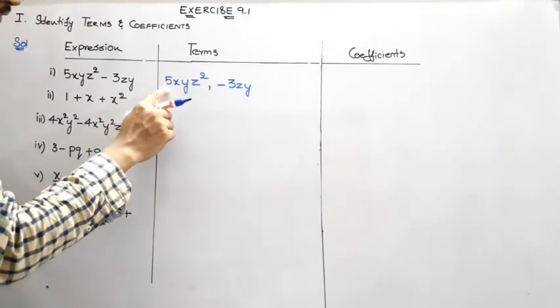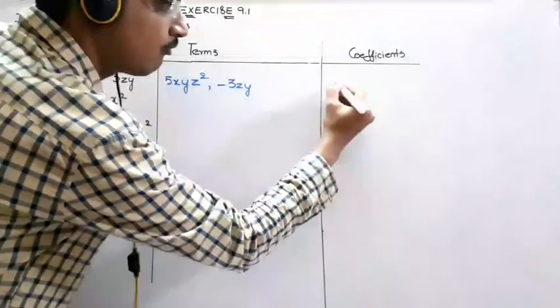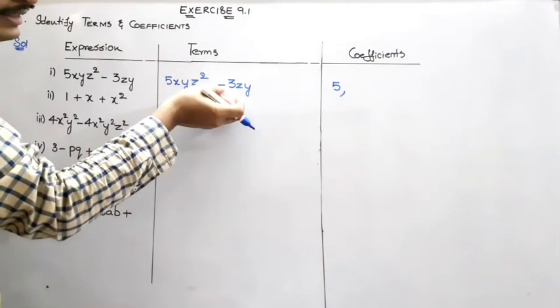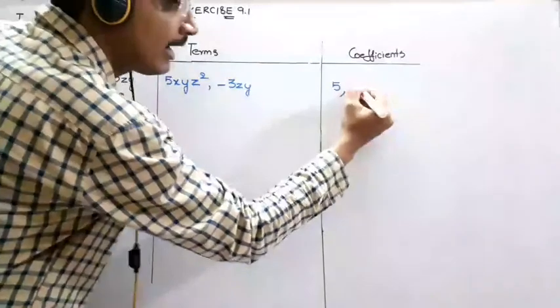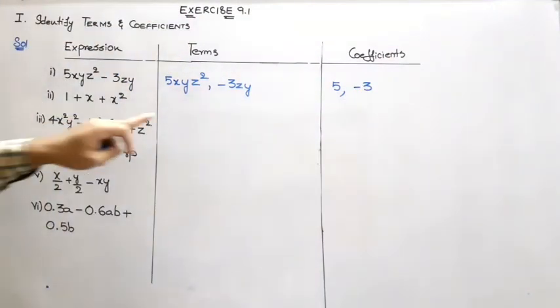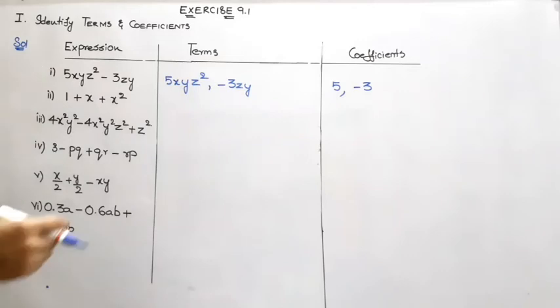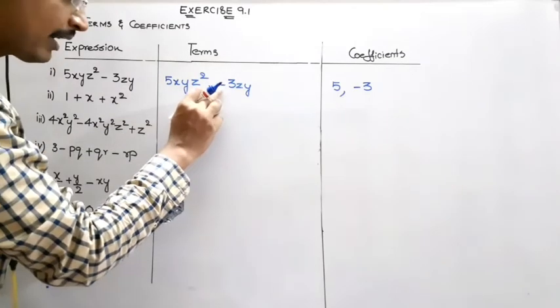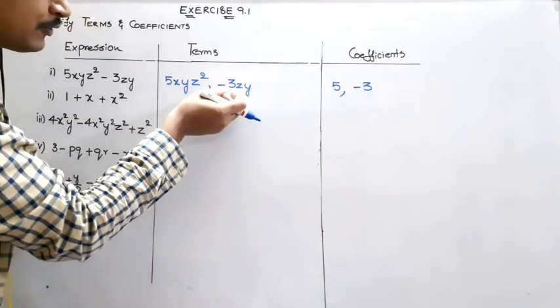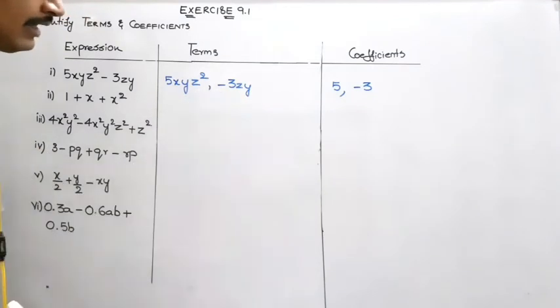So for the term 5xyz square, we have 5 as the coefficient, and for minus 3zy we have minus 3 as the coefficient. Please don't neglect this minus, and by this time I hope you understood that this minus is applicable to the numerical value of the given expression. Hope you understood, children.